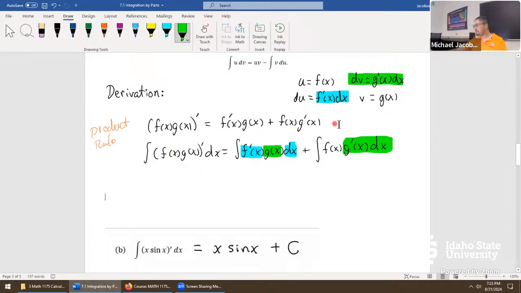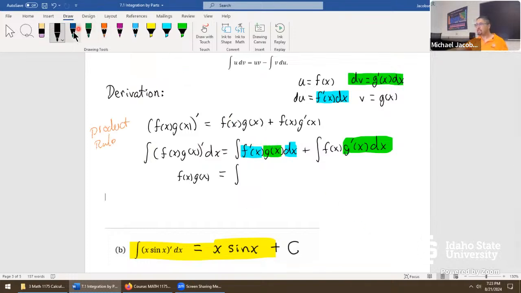Okay, so we've got things color coded. We're going to make some substitutions on the right. But on the left-hand side, it's another take the antiderivative of a derivative, just as we did right here. So the left-hand side is just f of x g of x equals. Now we have an integral here.